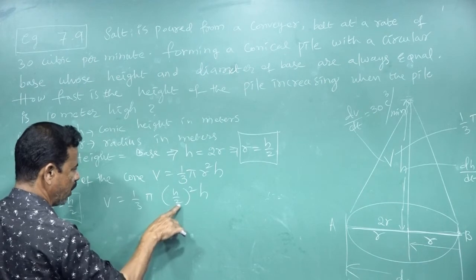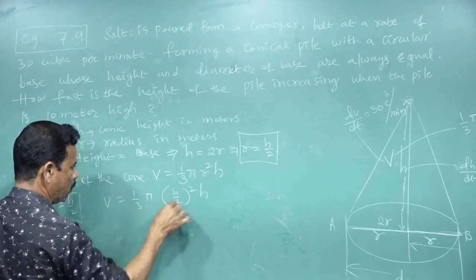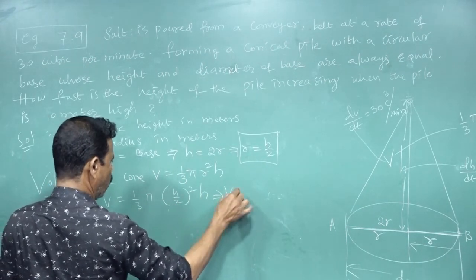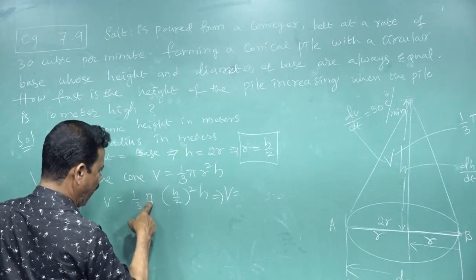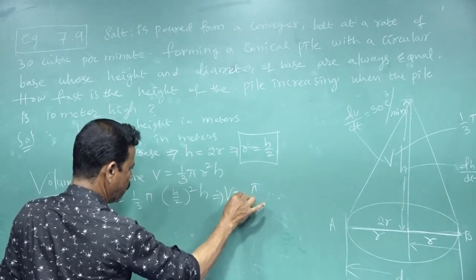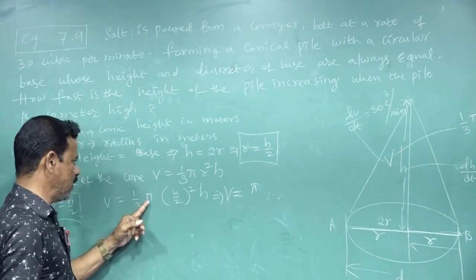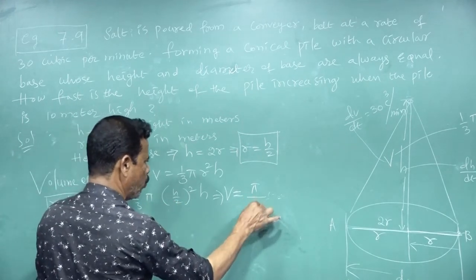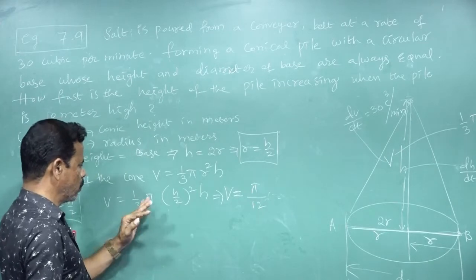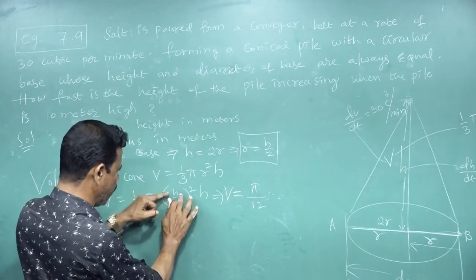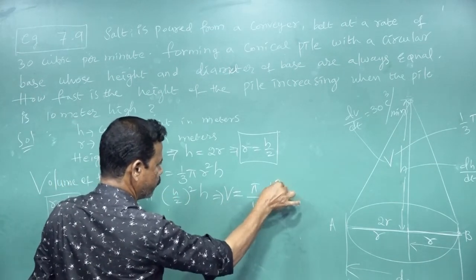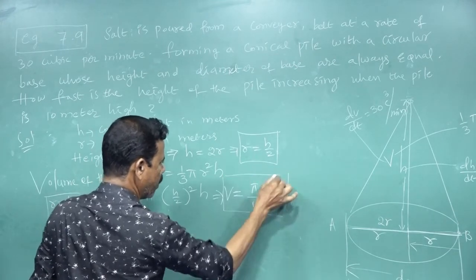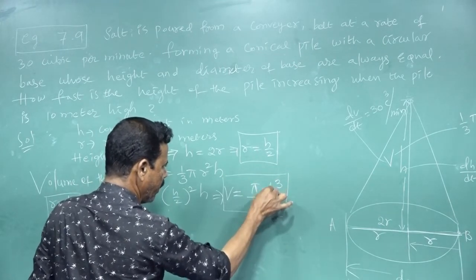So 4 into 3, 12; pi as it is, a constant, 2 square is 4, 4 into 3 is 12, so pi by 12 is constant. Next, h square times h is h cube. So V in terms of h is pi by 12 into h cube finally.